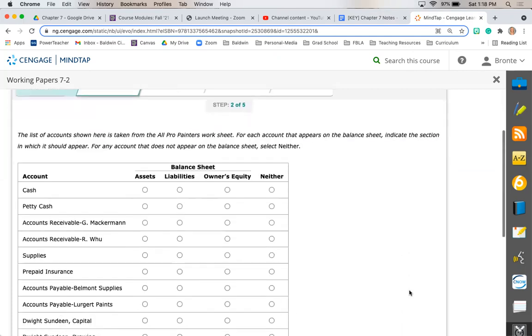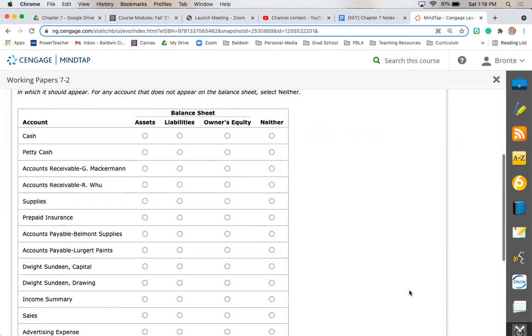Next, we need to determine what accounts are going to be showcased on our balance sheet. All our asset accounts (cash, petty cash, accounts receivable, supplies, and prepaid insurance) will be on our balance sheet. Any liability, so accounts payable, and then our owner's equity account, but it's only going to be our capital account because we're going to end up closing our drawing account into capital.